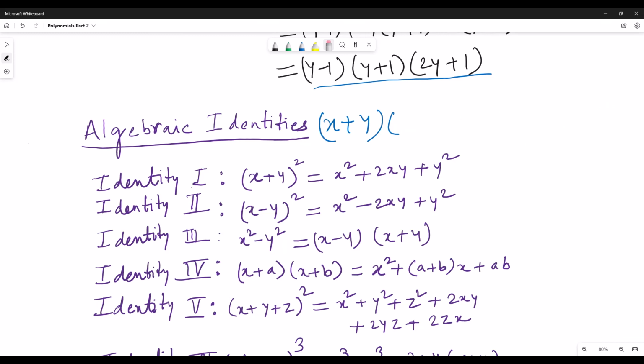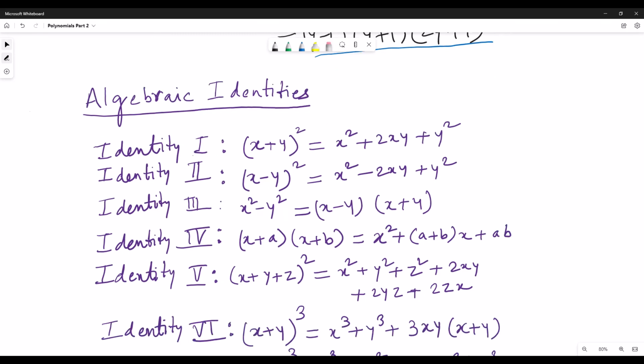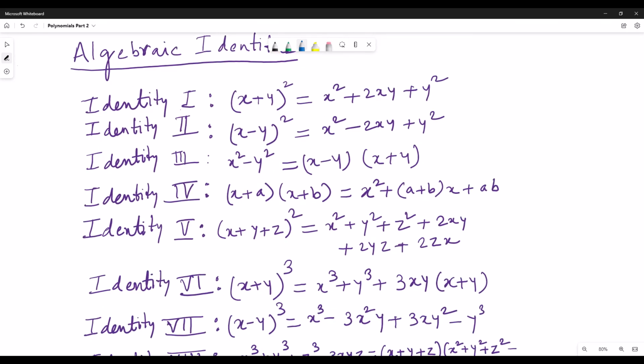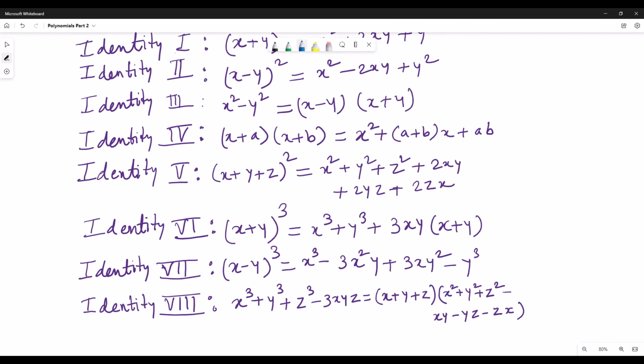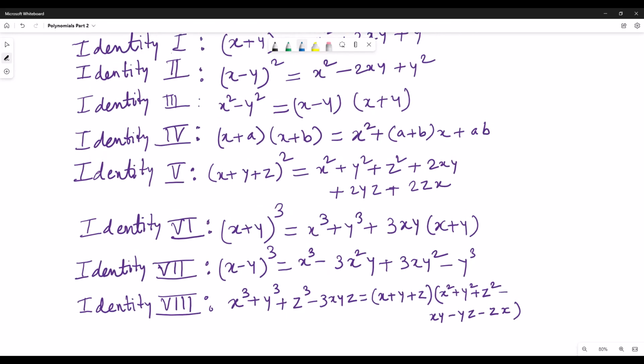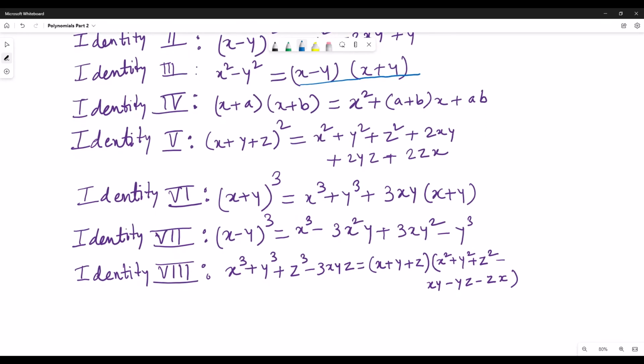You multiply it by yourself, then you will understand it. (x minus y) whole square is x square minus 2xy plus y square. x square minus y square is equal to (x minus y) into (x plus y). Right? You can just expand it and you will know how it is coming.